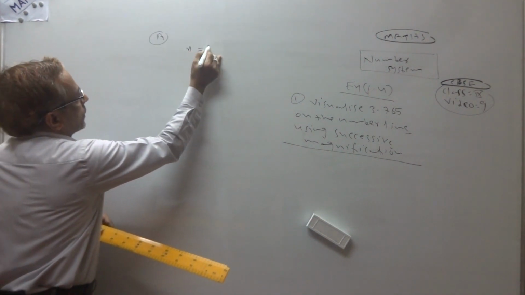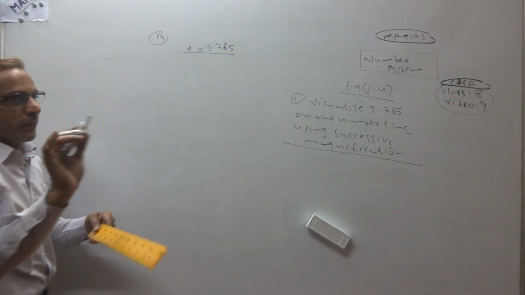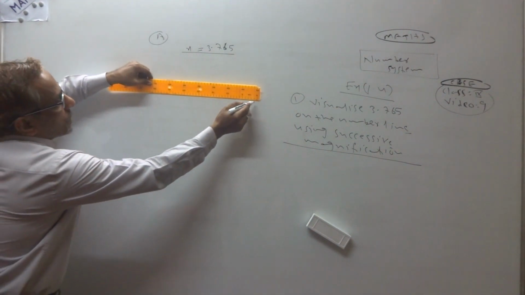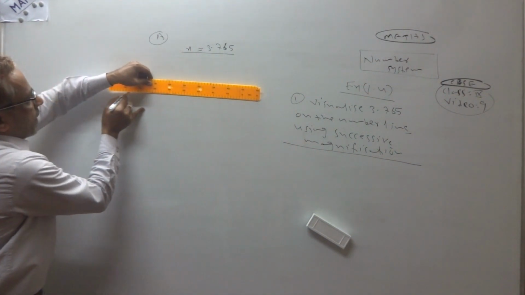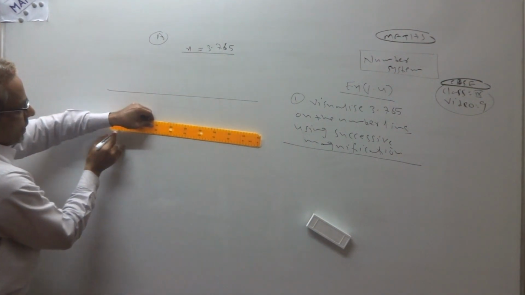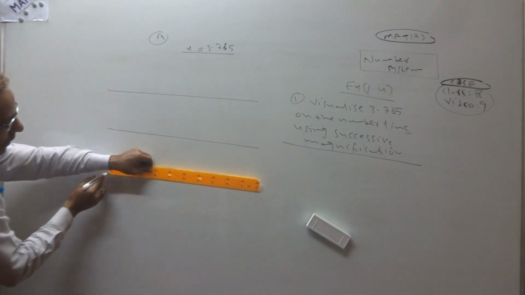x is equal to 3.765. This is the number given. We have to represent this. So please see, we use a scale and we take 4 steps. I will tell you why.